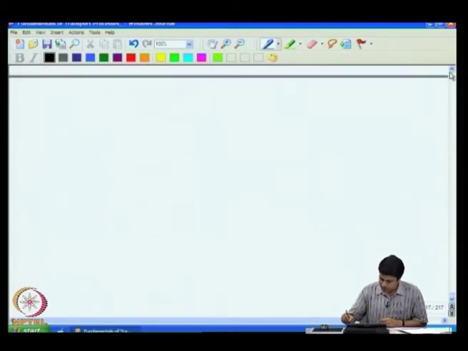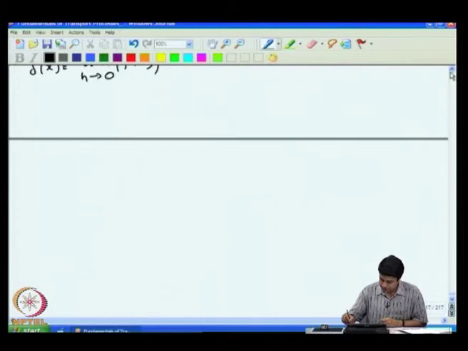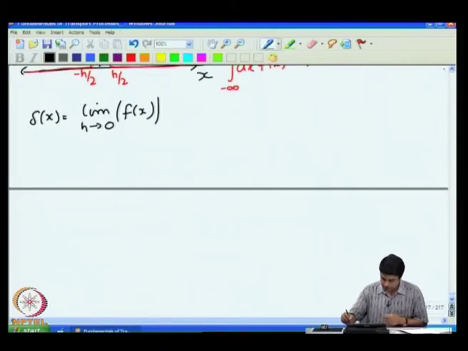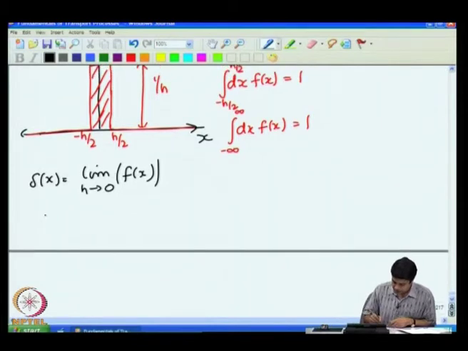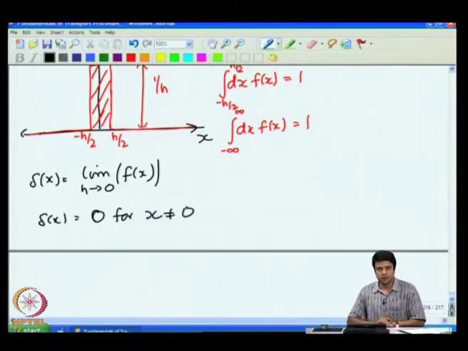What are the properties of the delta function? This automatically implies that delta of x is equal to 0 for x is not equal to 0. The delta function has the property that whenever x is not equal to 0, the delta function is identically equal to 0. It is non-zero only at x is equal to 0.